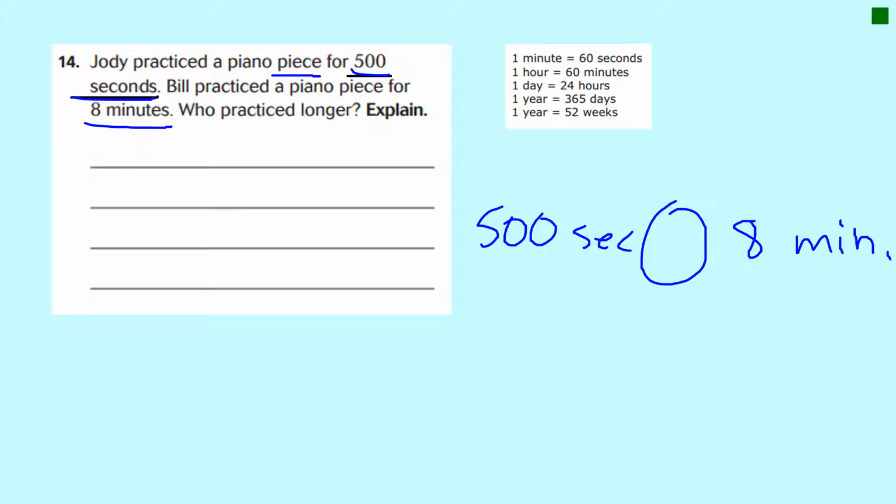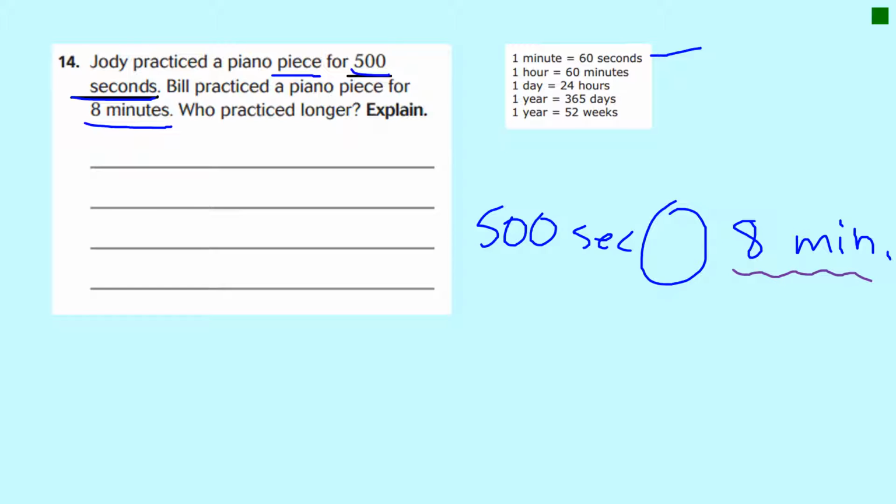Okay, so let's compare 500 seconds to minutes. I'm looking at the chart. Are you guys looking at the chart? Minutes and seconds right up there, right? So, how about we change those 8 minutes to seconds? Does that sound good? And then we compare seconds to seconds.